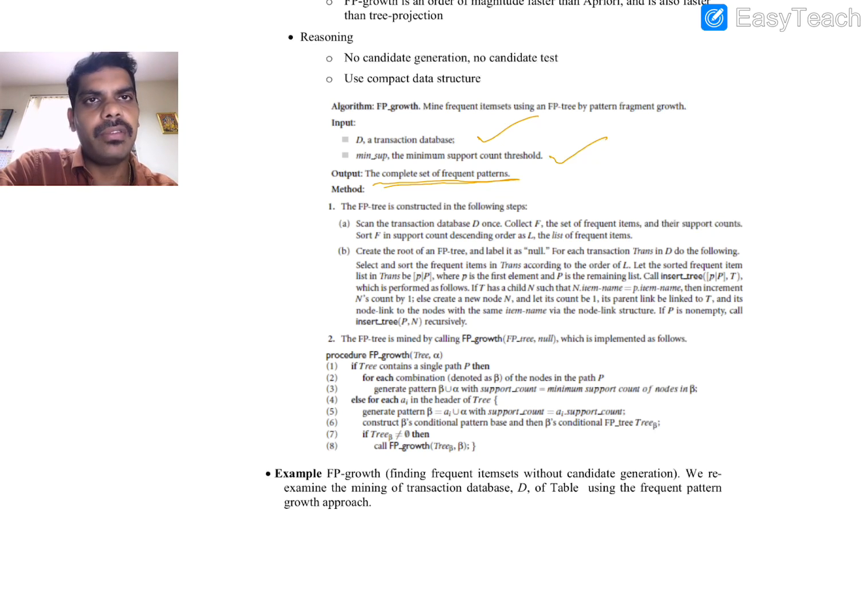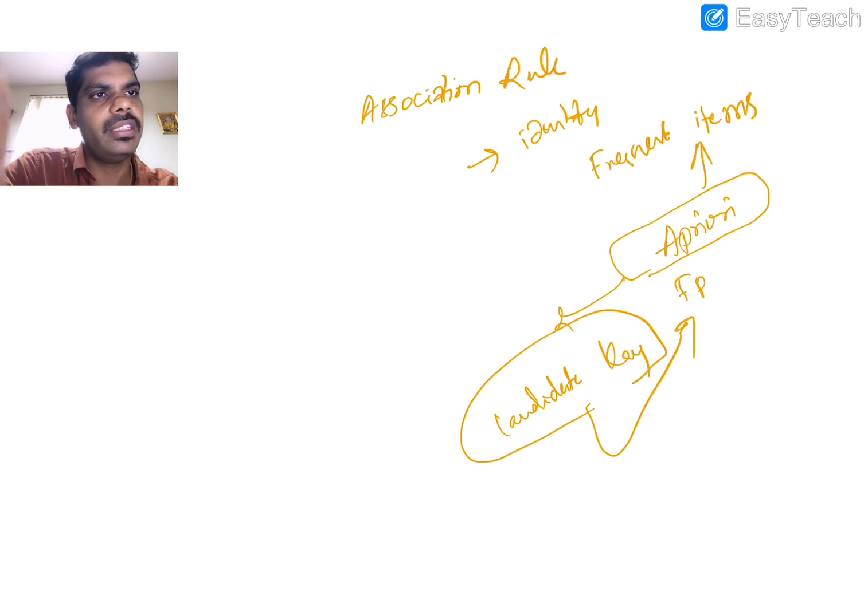After that, we consider the pattern base. What is a pattern base? How can we reach a particular node? The path to reach that node is identified, so we are able to construct the pattern base. With the pattern base and the minimum support, we finally generate the frequent item sets. That is the algorithm we have discussed.